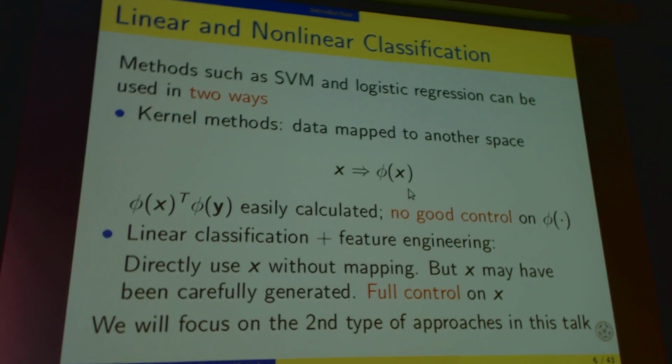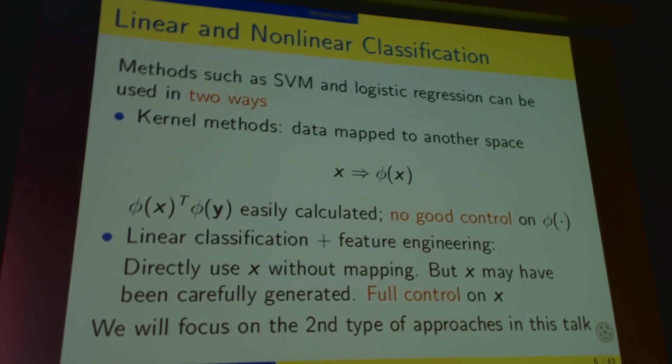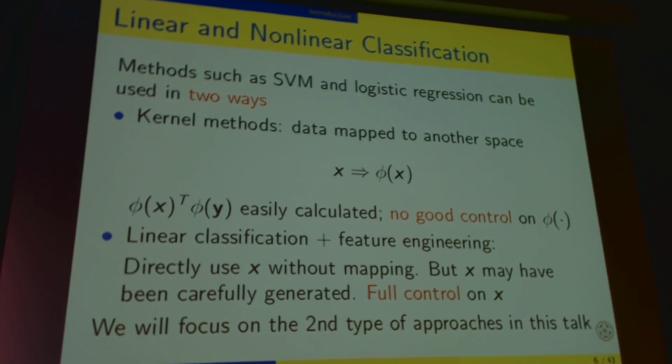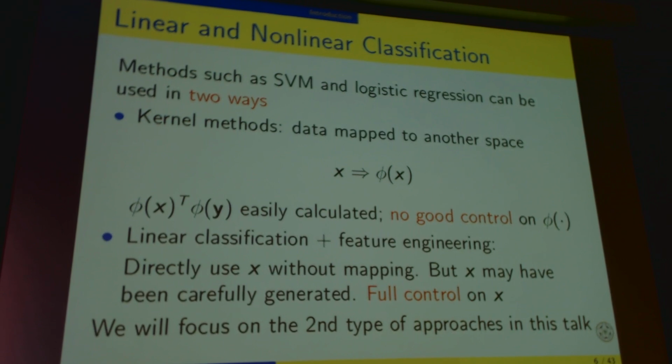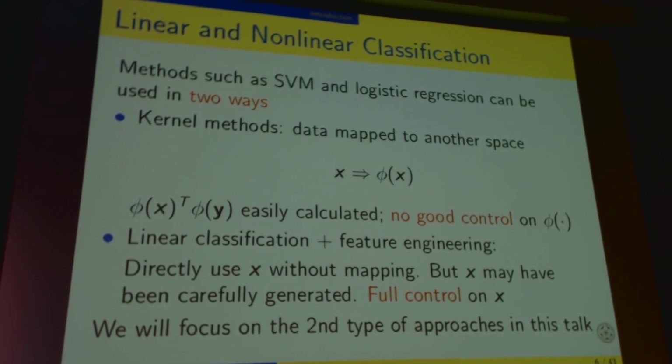But this new vector is so high dimensional that it is very difficult to handle. Then people use the so-called kernel trick. By kernel trick, we mean that the inner product between the two mapped vectors can be easily calculated. So you use this property to still be able to classify those high dimensional vectors.